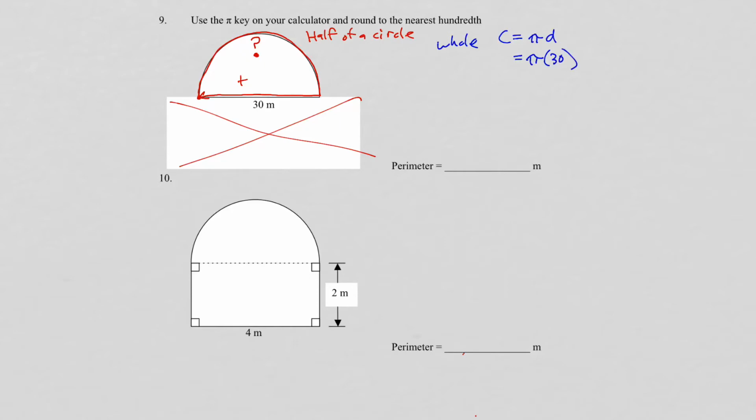And we need to use the pi key on your calculator. That means it's not going to round it to 3.14. It's going to use more digits of accuracy, so this answer is going to be more accurate. So you want to leave this answer in your calculator.